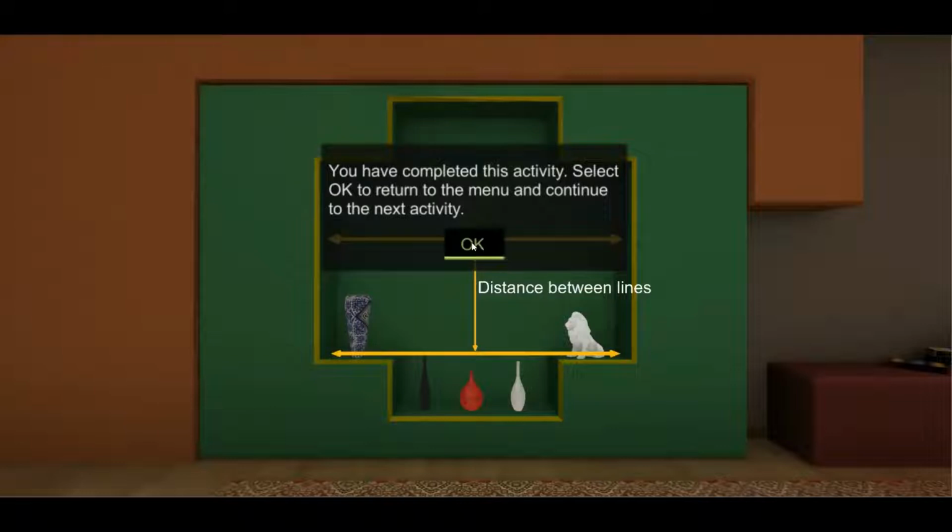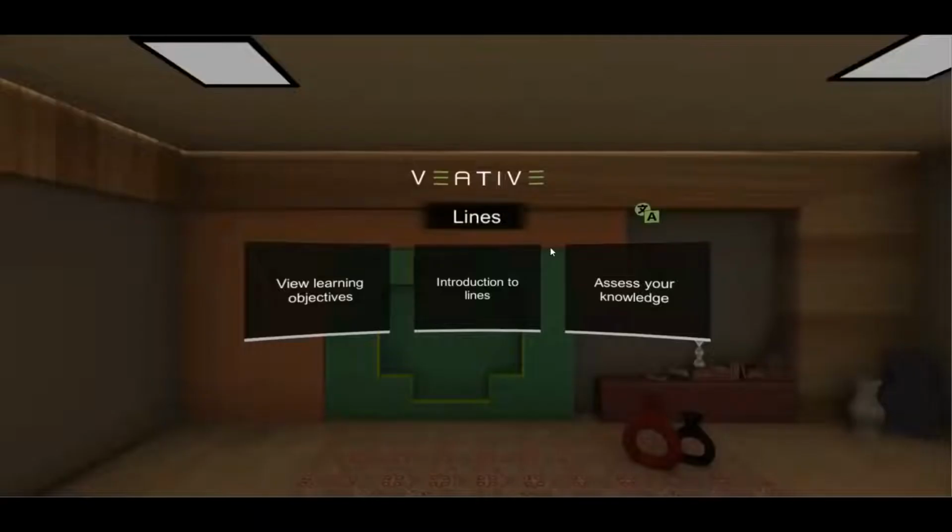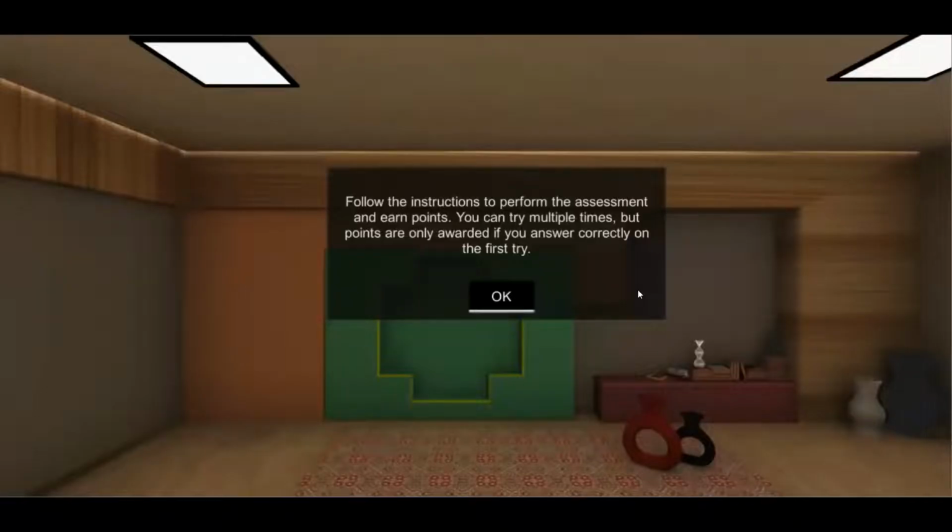Select OK to return to the menu and continue to the next activity. Now that we have learned about lines, assess your knowledge. Follow the instructions to perform the assessment and earn points. You can try multiple times, but points are only awarded if you answer correctly on the first try.